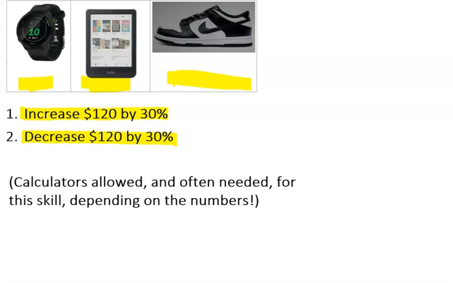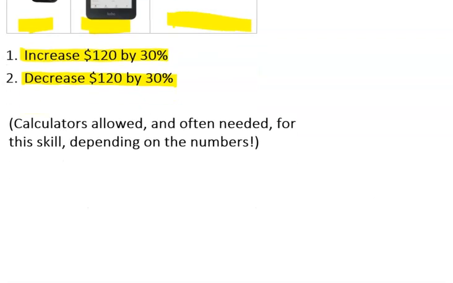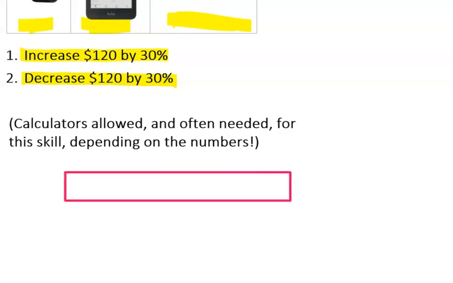So the first one, where we want to increase $120 by 30%, we can think of that as $120 is the full amount, and we want to add on some of that. Now, to get 30%, we can do this one without a calculator, right?